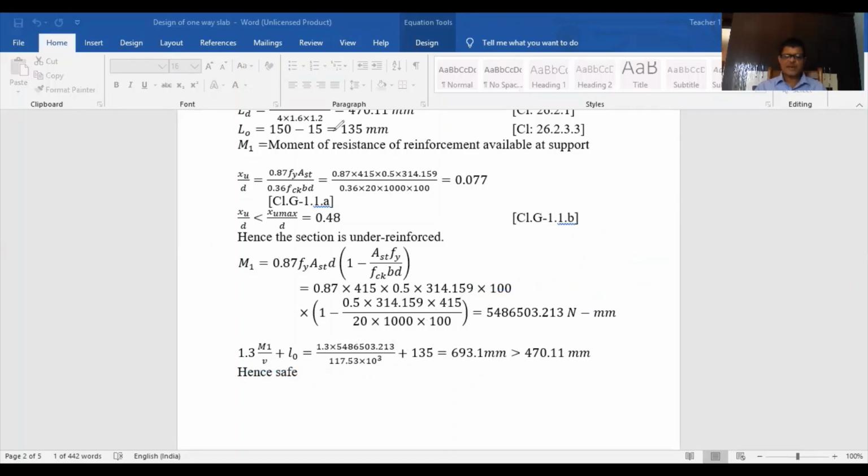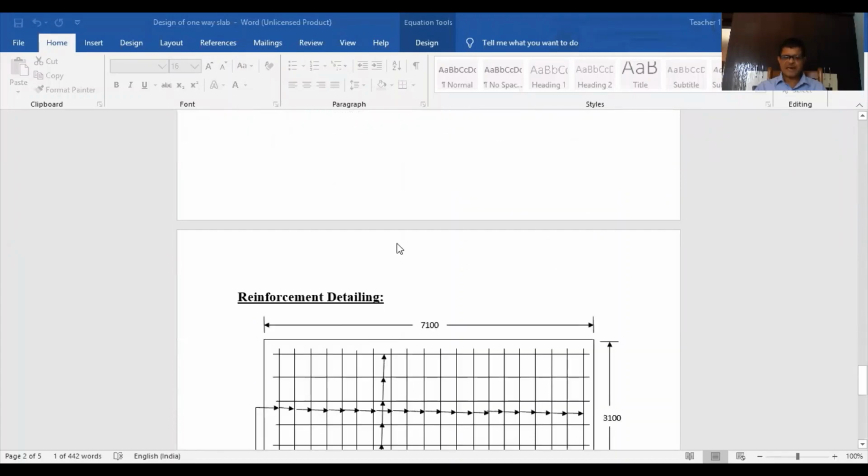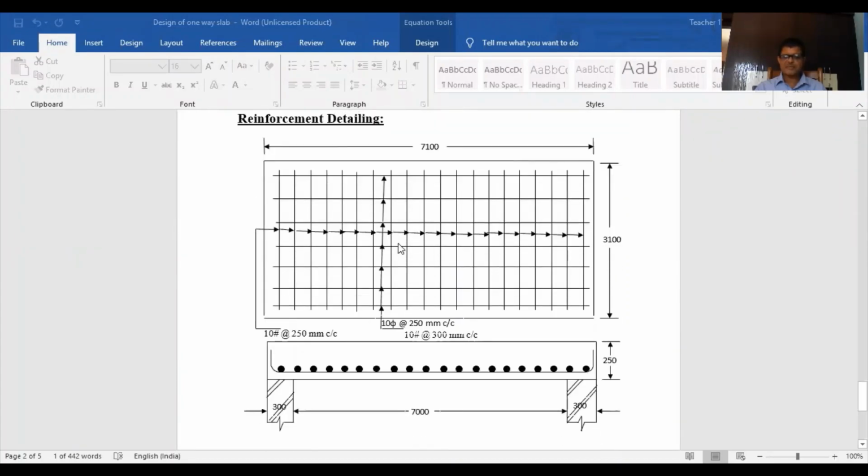Now once you check development length, you have to go for the detailing part. Now see the detailing of the slab. The slab is 7 meter by 3 meter. The short direction steels are provided along the length, and long direction steels are provided along the width, perpendicular to that. So these steels are 10 phi at 300 center to center, and these are 10 phi at 250 center to center.